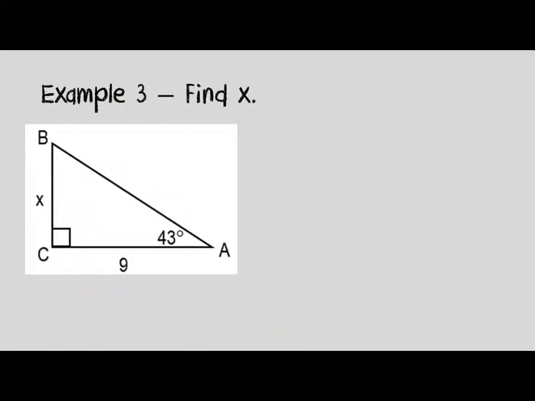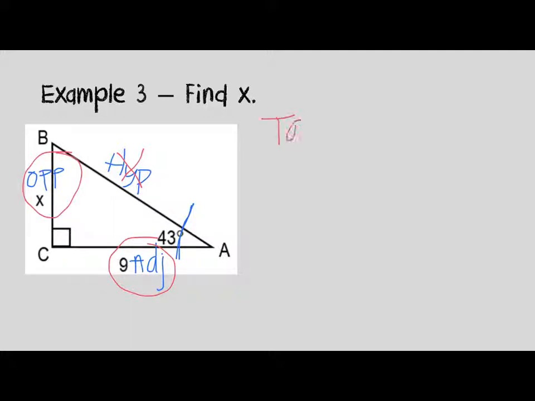Example 3. Here's your hypotenuse. This is the angle we're working with. Here's your adjacent. Here's your opposite. Again, the hypotenuse gives us no information, but we do have your opposite and your adjacent, so we're working with tangent.